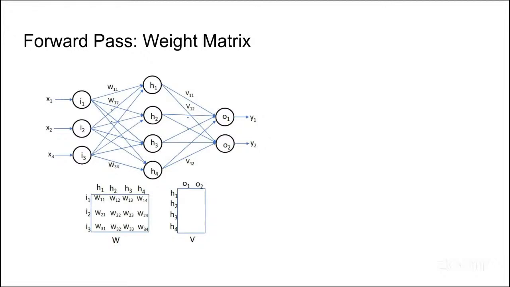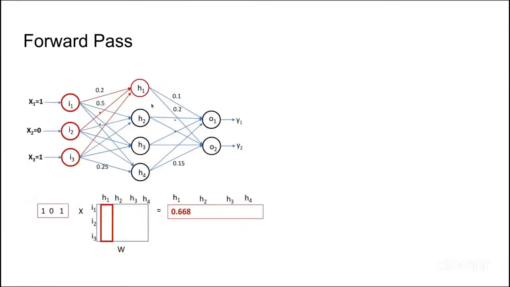Now, if you look at our first H1 calculation, we take x as 1, 0, 1 and multiply with this vector.